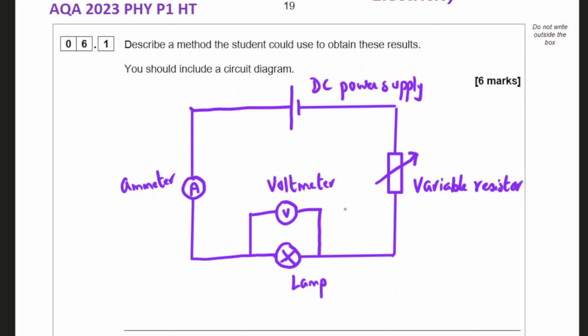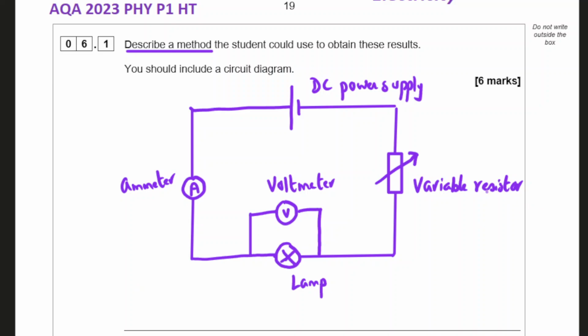Now you set it up as shown in the circuit. Now you'll have to describe the method. If you draw the circuit properly with the labels, then you can avoid describing how to actually set it up. So your first step can simply be, set up the circuit as shown in the diagram above.